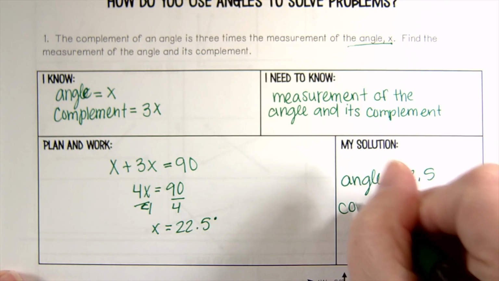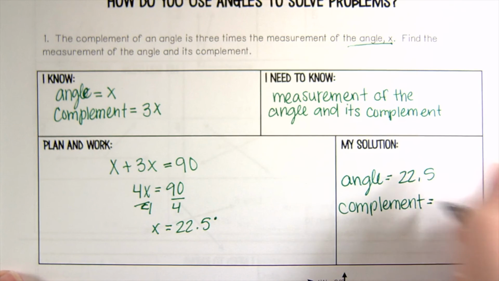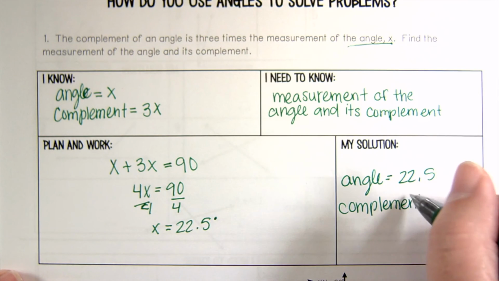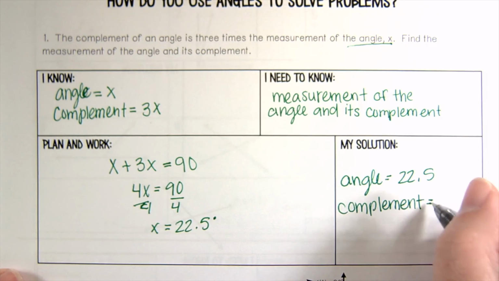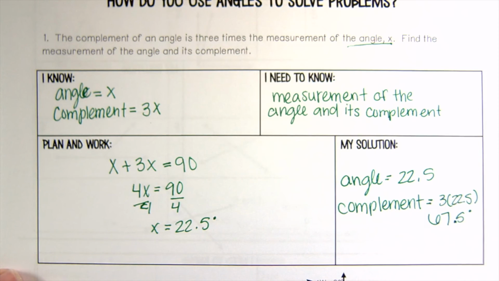And what is the measurement of the complement? How do I find the measurement of the complement? Multiply the angle by 3. So you can either subtract 90 minus 22.5, or you can multiply 3 times 22.5. So that comes out to 67.5 degrees.